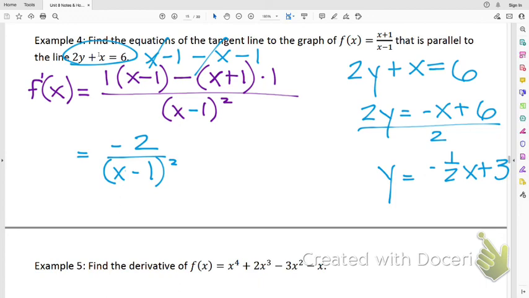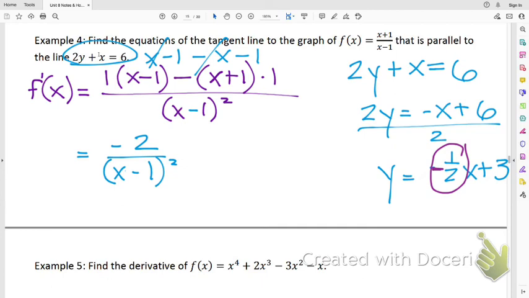All right. So we found our derivative, and we found the part of this that I care about. It's the negative 1/2. What do I want to be true? I want my line to be parallel to this line.